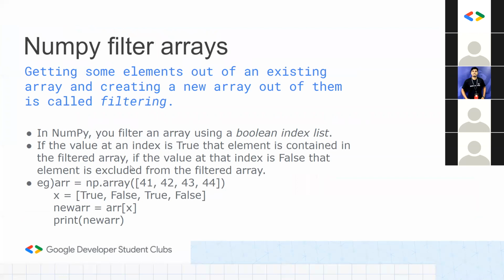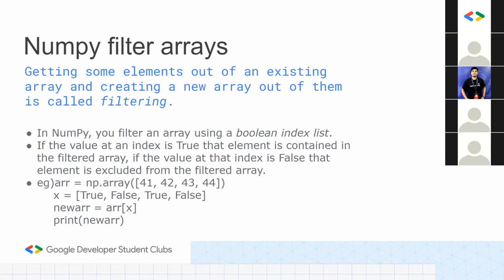And we can also filter arrays. Getting some elements out of an existing array and creating a new array out of them is called filtering. In NumPy, you filter an array using a Boolean index list. If the value at an index is true, that element is contained in the filtered array.